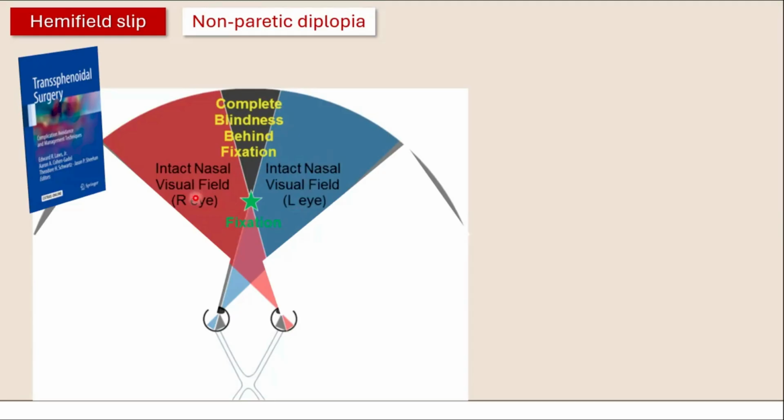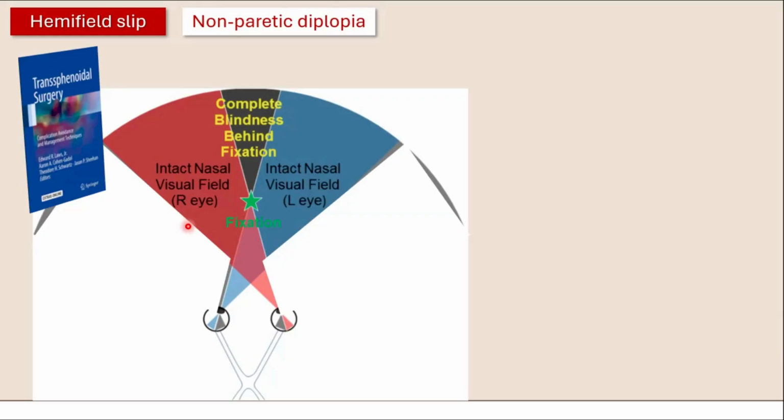So for patients with bitemporal hemianopia, the remaining fields are what? Nasal fields, but it is like in the opposite direction, because the right side of the environment is served by the nasal field of the left eye, okay? And the left side of any scenery is served by the intact nasal field of the right eye. This is really important. Again, this is something basic.